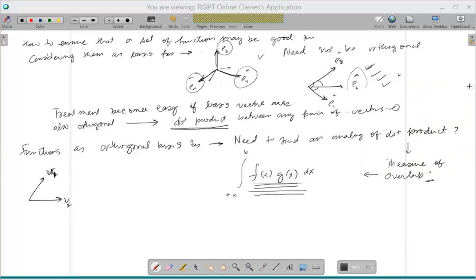Anyway, what I'm coming to is that the dot product between two functions I'm going to define like this. With this definition, I think we are all set to check whether a pair of functions is orthogonal or not.